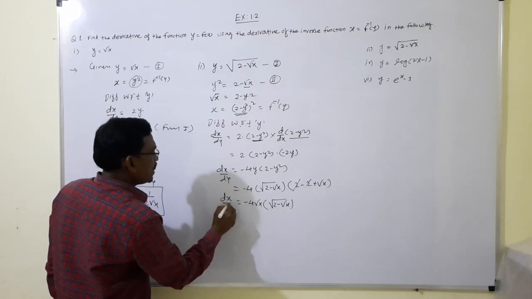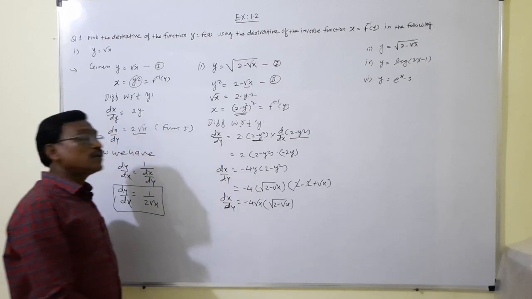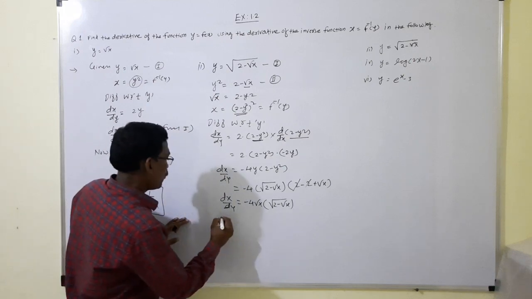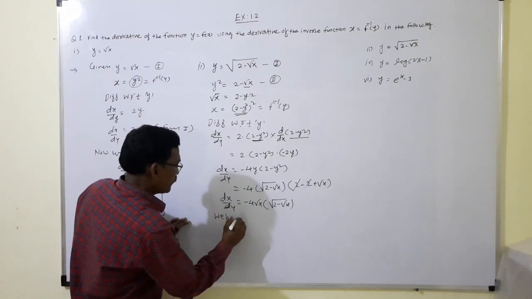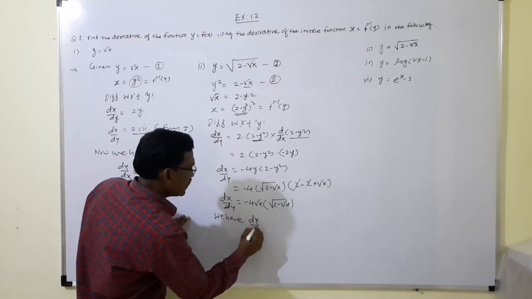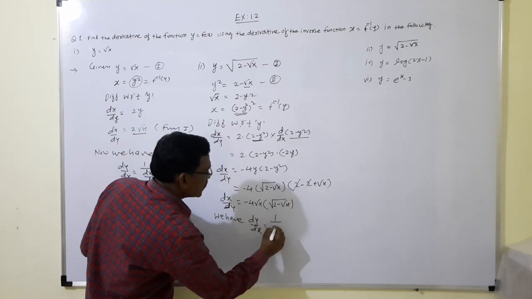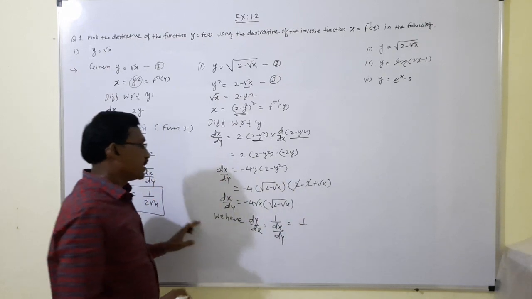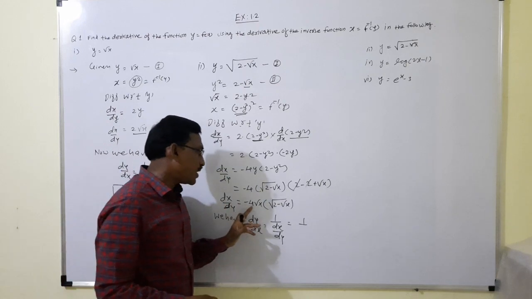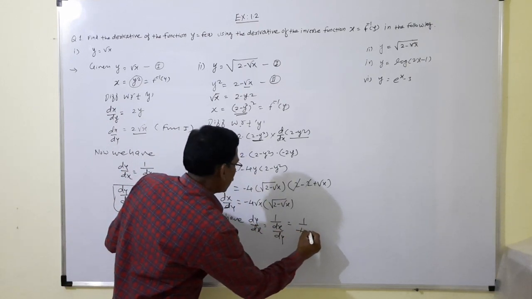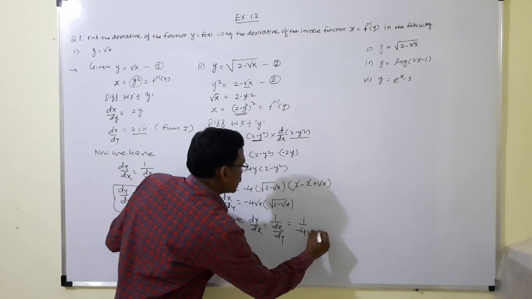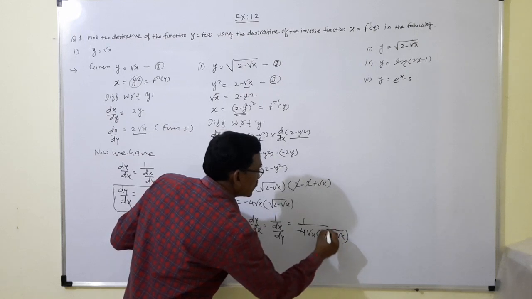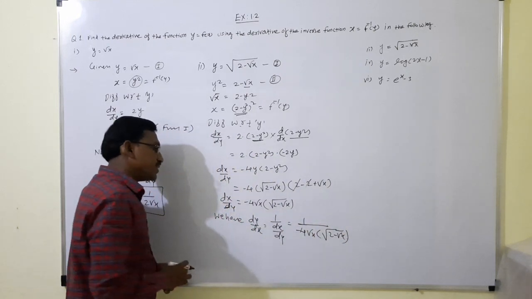This is dx by dy, but we have to find the derivative of y with respect to x, which means dy by dx. Now dy by dx is equal to the inverse of dx by dy, so it is 1 by minus 4 into root x into root of 2 minus root x. This is dy by dx.